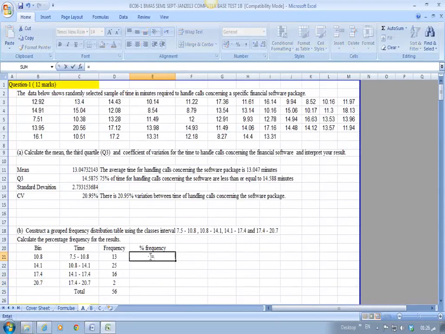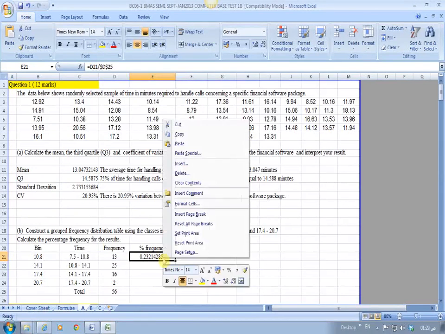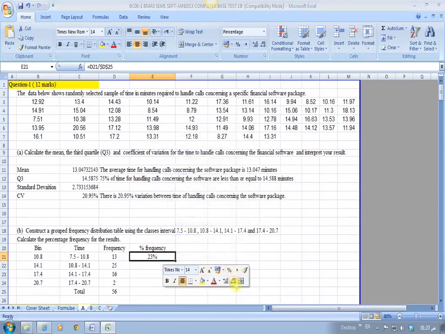So what we do is type equals, then the frequency divided by the total here, and if you want, you can do it one by one, or you press F4 in order to fix this one. So you see here there is a dollar sign for 56. It means that 56 is not changing, but this one is changing, so there is no dollar sign on it. Press enter, and after that you can change this to percent. You can use at least 1 or 2 decimal places.